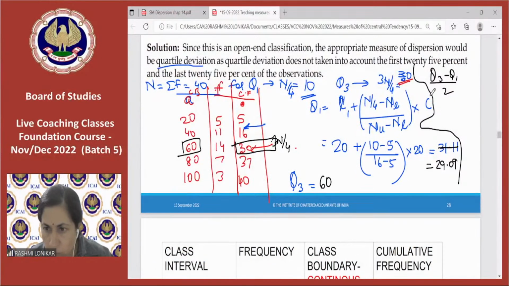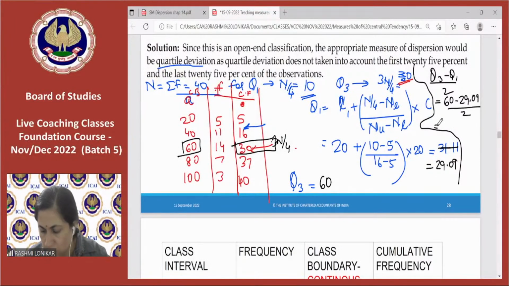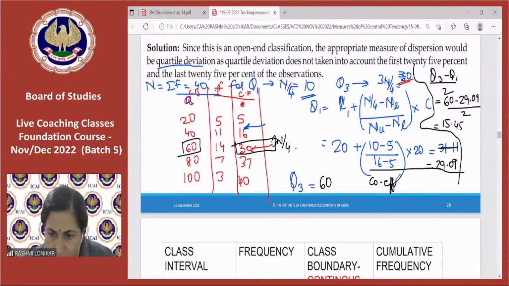The quartile deviation will be 60 minus 29.09 upon 2, which is 15.45, and the coefficient of quartile deviation will be equal to 15.45 upon 60 plus 29.09 into 100.